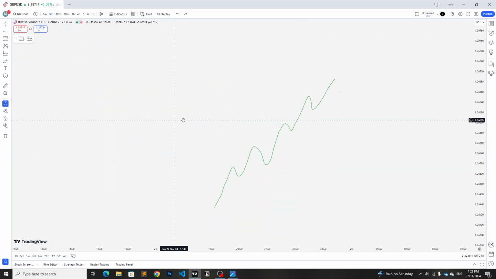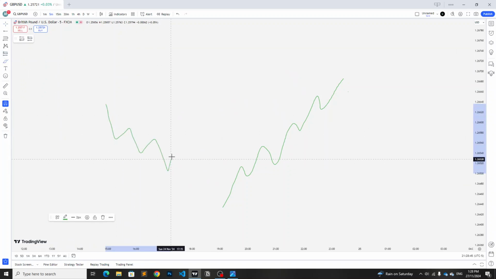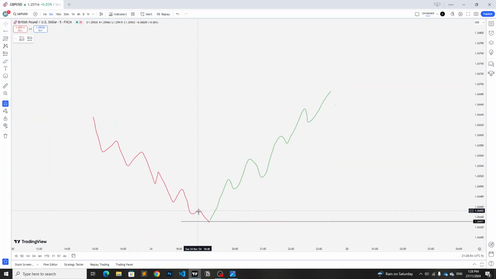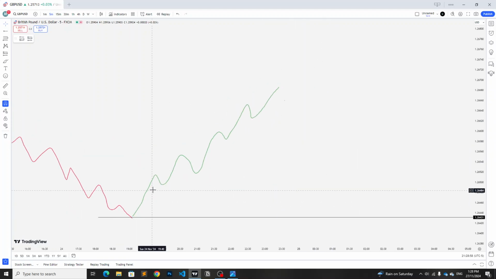So suppose the market was going down, down, down, and imagine there was liquidity here. Liquidity gets swept, and the market's going up. So imagine you missed out on here, or you missed out on here, but you still want to ride the trend. This pullback, which happens, will be a fair value gap.